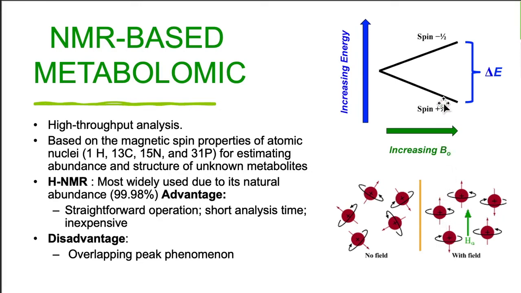If the external magnetic field is applied, energy transfer is produced between the ground state and excited state. When the spin returns to the ground state, the absorbed radio frequency energy is emitted at the same frequency level, and this emitted radio frequency signal gives the NMR spectrum of the concerned nucleus.